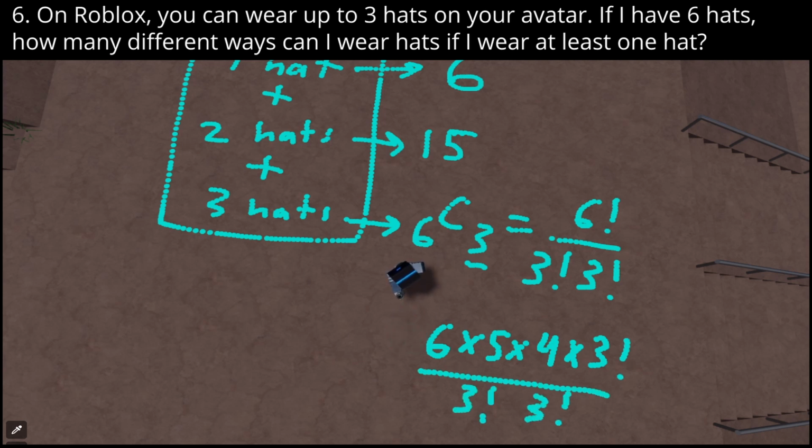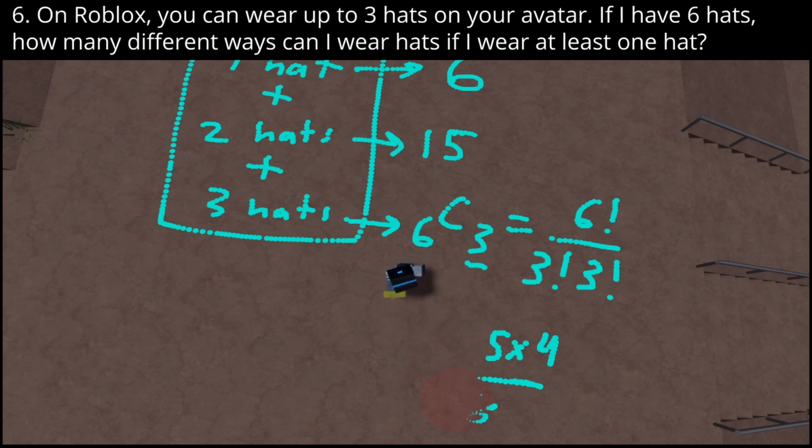I can cancel one of these 3 factorials from the top and the bottom. So that leaves me with 6 times 5 times 4 divided by 3 factorial. And 3 factorial is just 3 times 2 times 1, and that's just 6. And notice how we have a 6 in the numerator and the denominator now. Those cancel. So all we have left is just 5 times 4, and that's just 20.